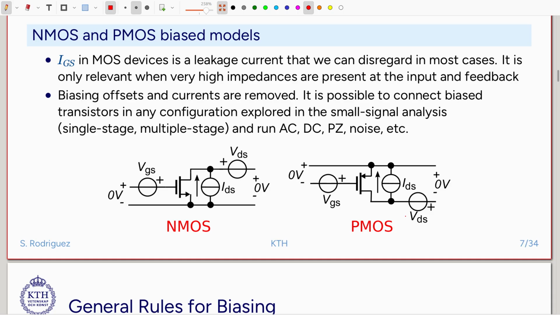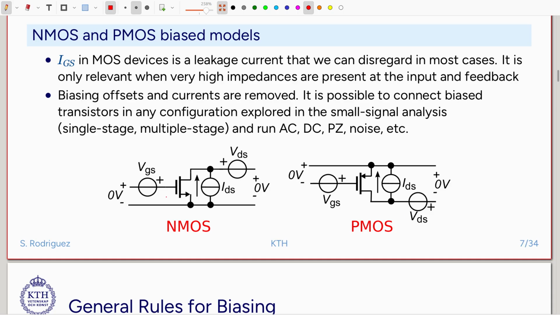And in most of the cases we can disregard this DC current because it is extremely small, and it is only relevant when our amplifier or other circuit that we are designing has extremely high output impedances, or the feedback is very high impedance. Then this leakage current becomes relevant, but otherwise in most of the cases we can disregard it.